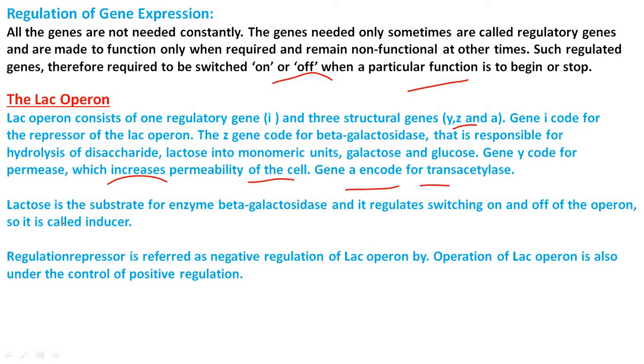So what is an operon? Operons are segments of the genetic material which function as regulated units, or units which can be switched on and switched off. The operon concept was given by two French scientists working at the Pasteur Institute, Francois Jacob and Jacques Monod.